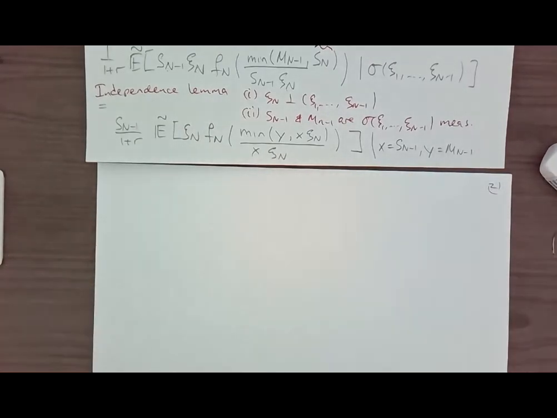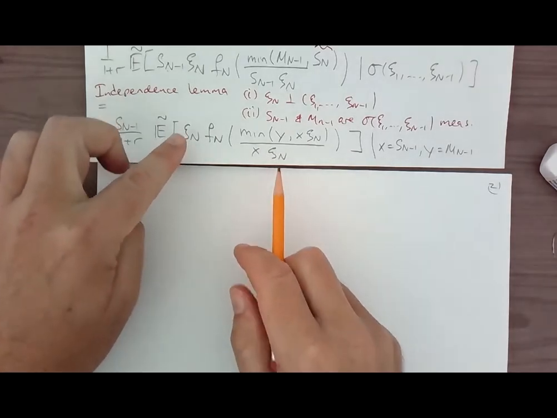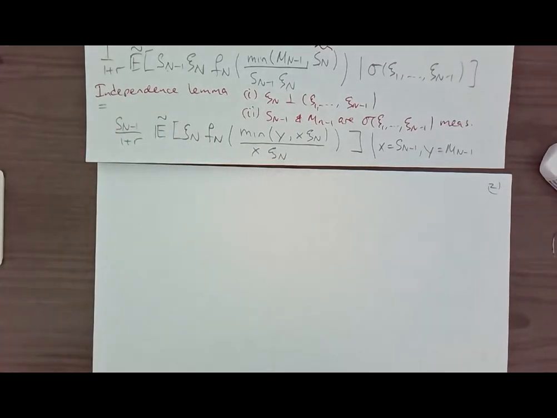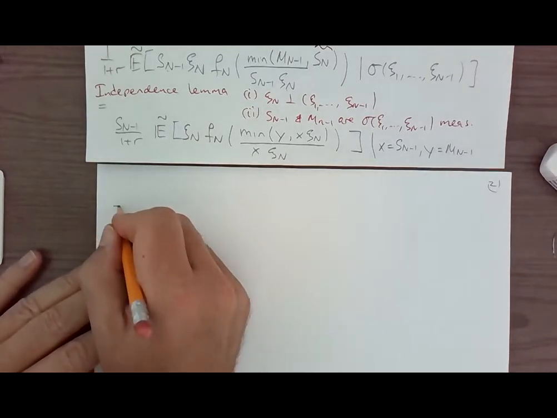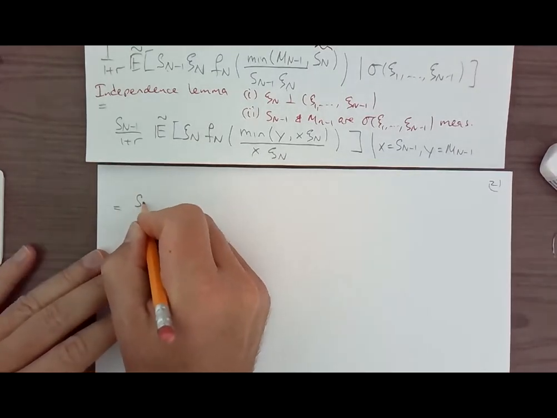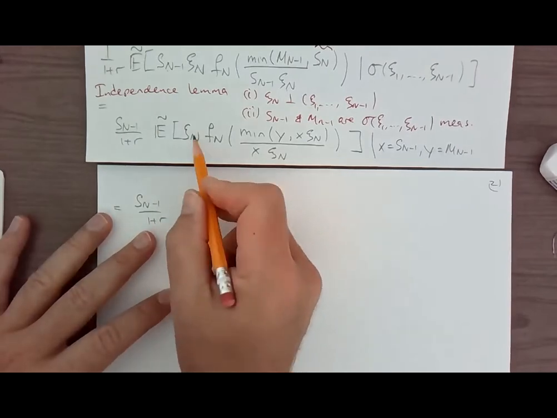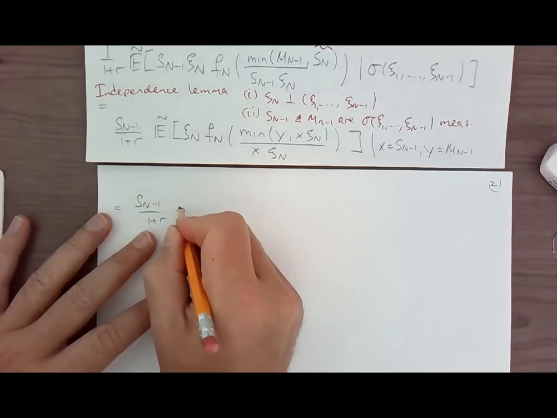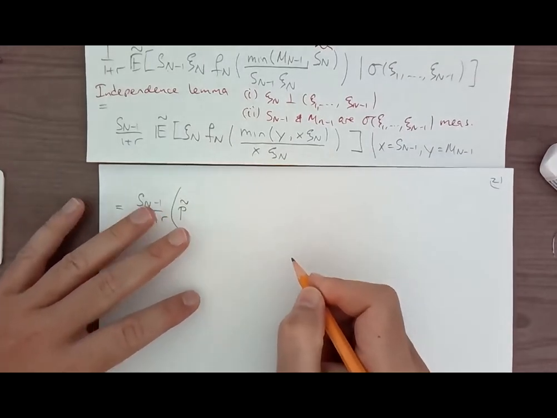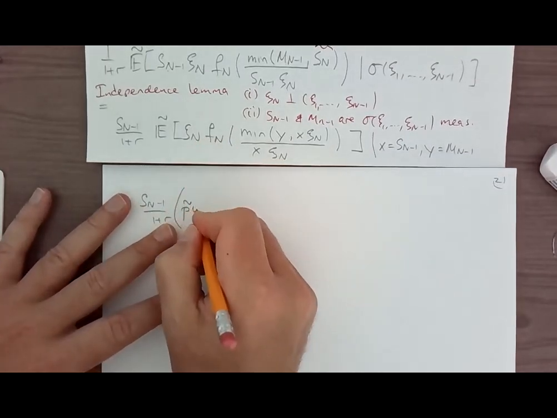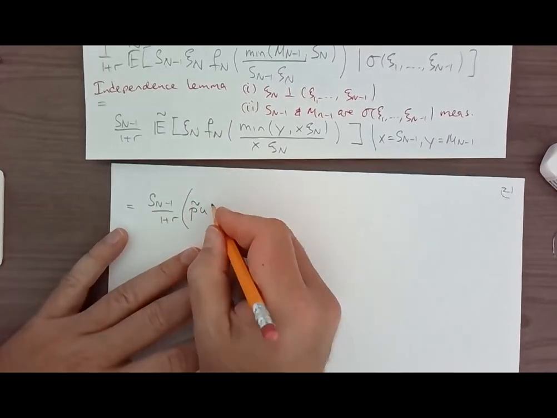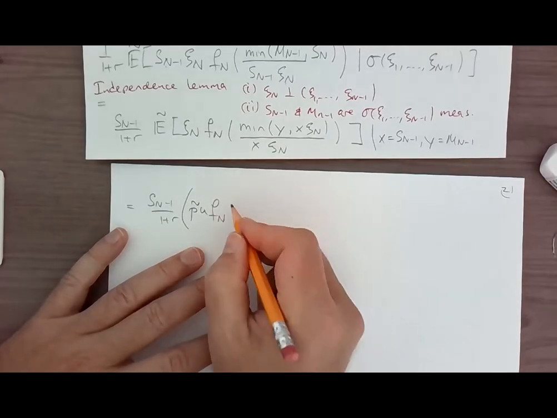And now I'll take the average over psi, and psi can only take two values, u and d. So that's why this is Sn minus 1 divided by 1 plus r. Psi can take on two values, so we'll have a p tilde times u, and then it'll be Fn.